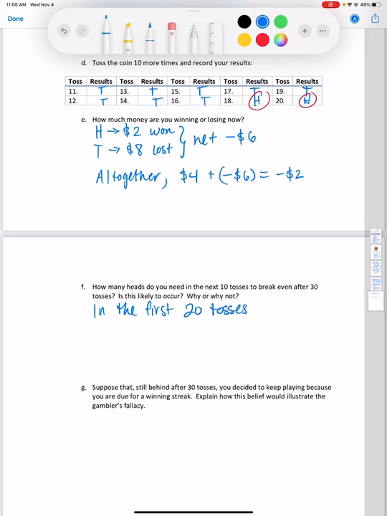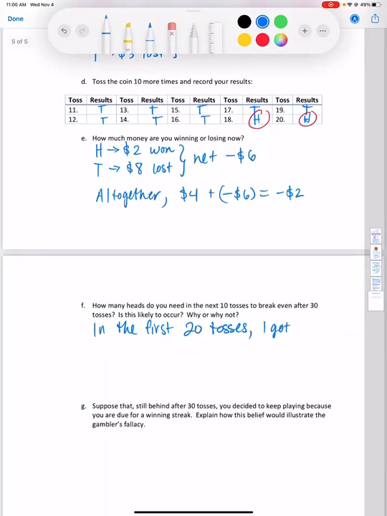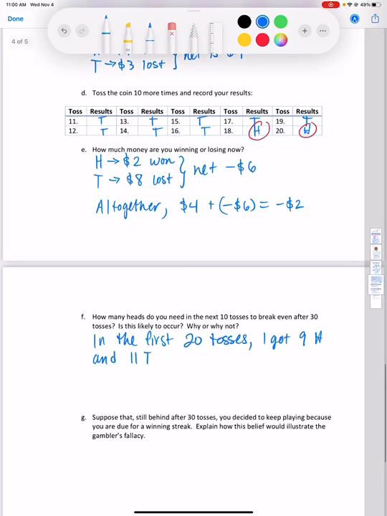In the first 20 tosses, I got two heads, 7 heads, 9 heads. Okay, I got 9 heads and 11 tails. 8 and 3 makes 11. 9 heads and 11 tails.